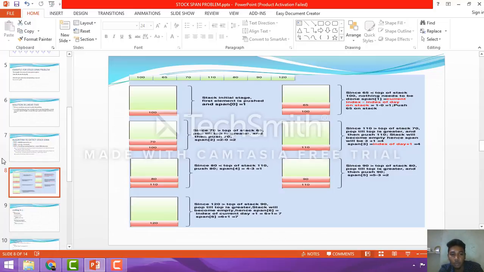So 80 is less than 110, so just keep it, push it into the stack table, and then we compare 90 to 110 and 90 to 80. 80 is less than 90, so pop the 80 out and push the 90 inside. Finally we have the value 120. So 120 is greater than 90 and 110, so we pop both elements and we push the 120 value here. So here we have to find the span value.